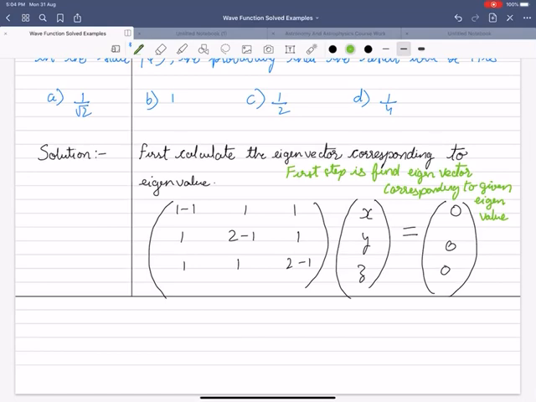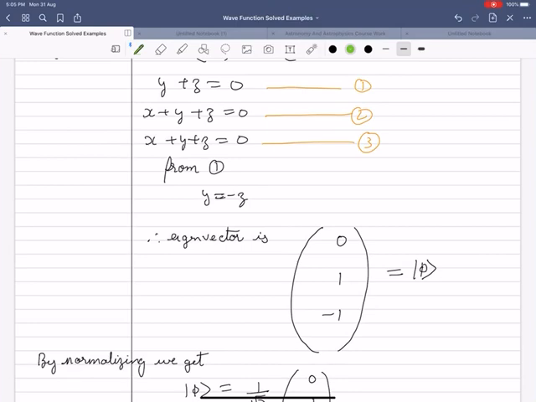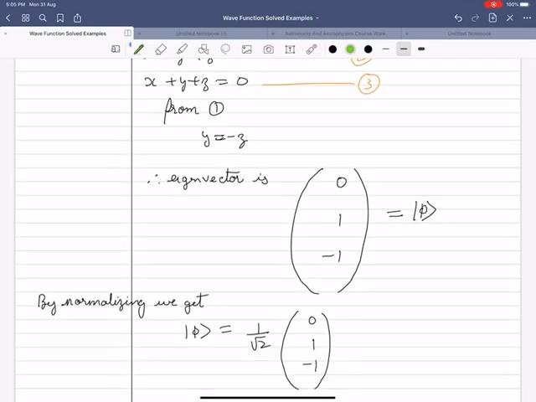We know how to find the eigenvector: by Ax equals lambda x. This is the theorem, so you will find it easily. After finding the eigenvector, I have to normalize it.